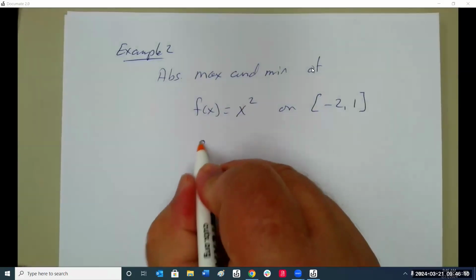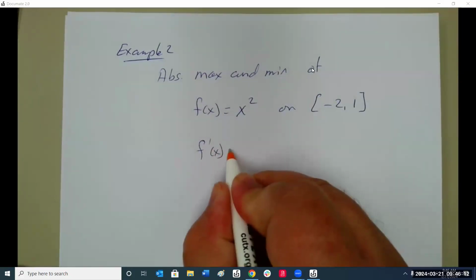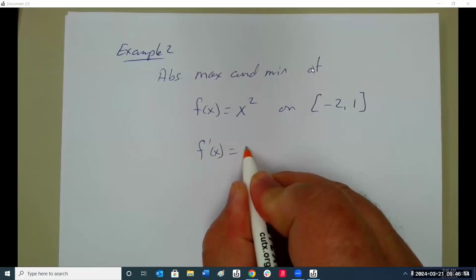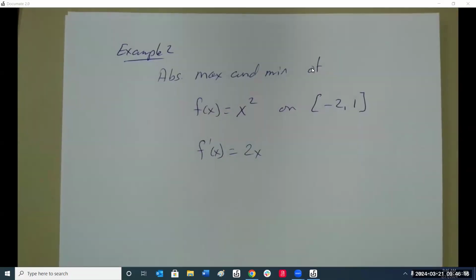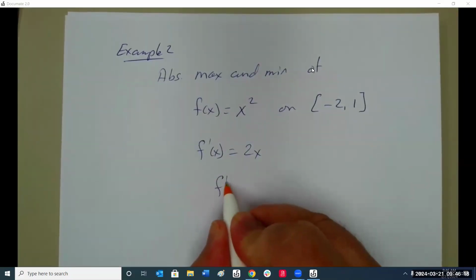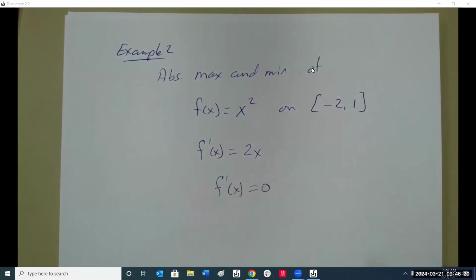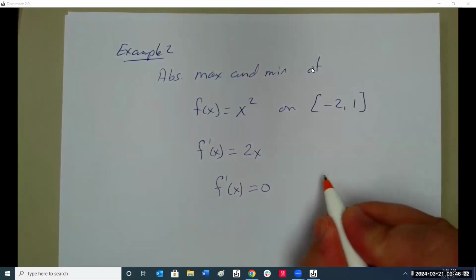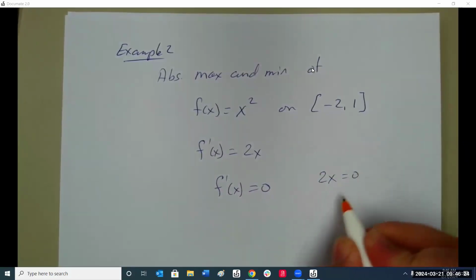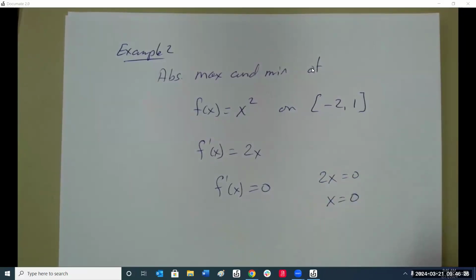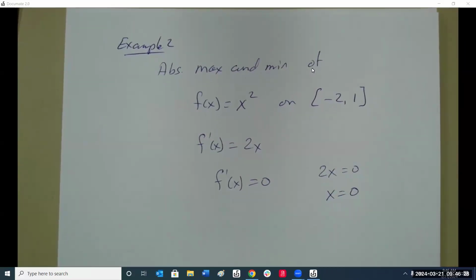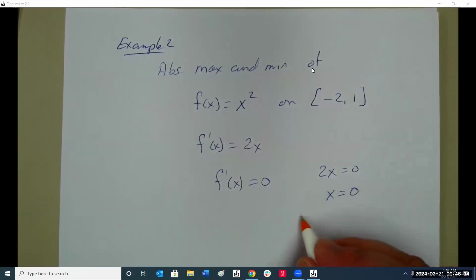So the first thing we have to do is take the derivative. Then do what with that? Set that equal to 0 and solve for x. So we have 2x equals 0, x equals 0. So what does this tell us?